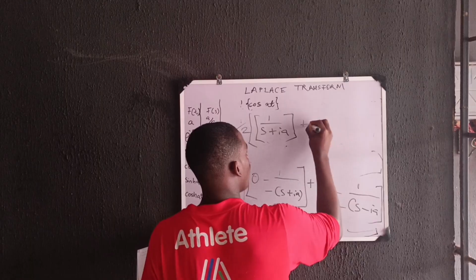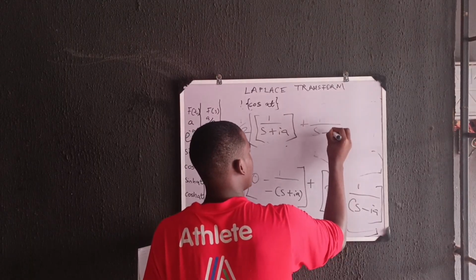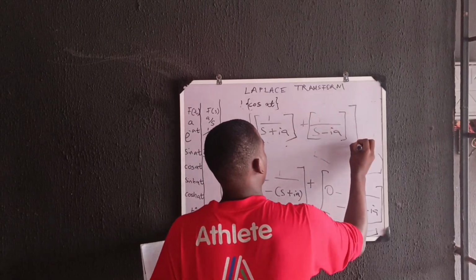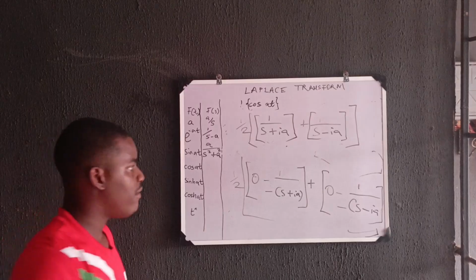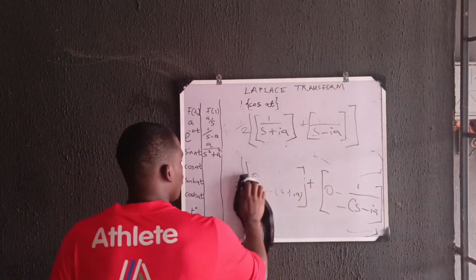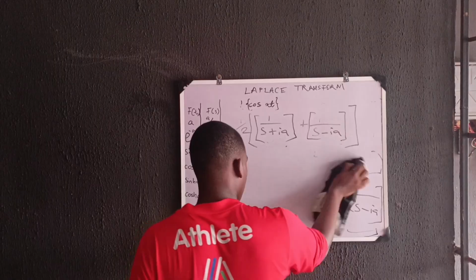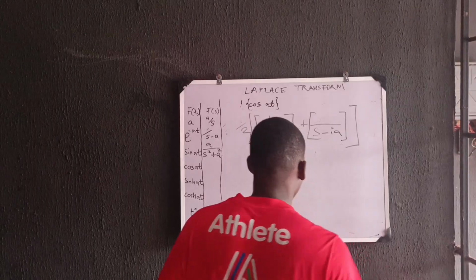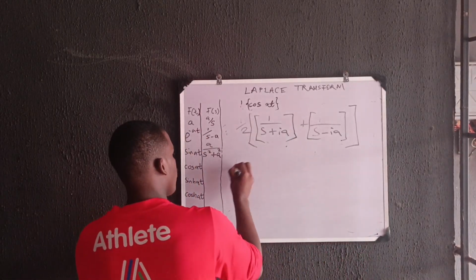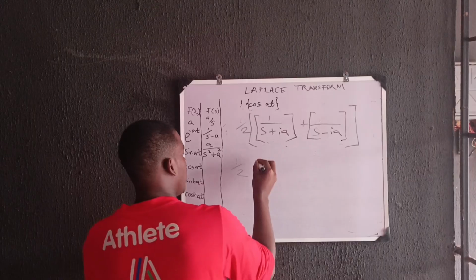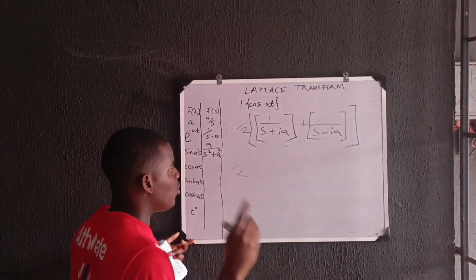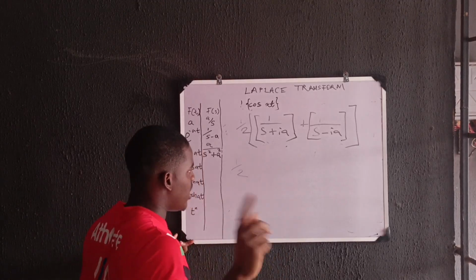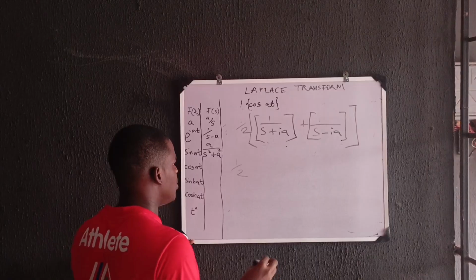Plus, right? All over S minus IA. This is what we have. So what is our final answer going to be? Remember, the last one we rationalized. So here we are going to put 1 over 2 outside. Then, sorry, we took the LCM, not rationalization. I used the wrong terminology there.